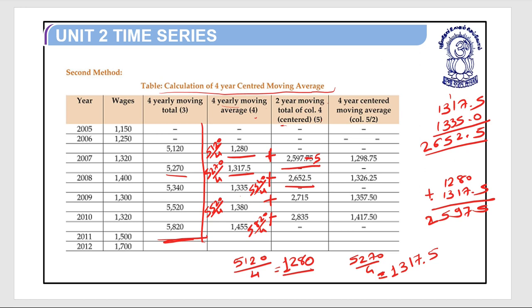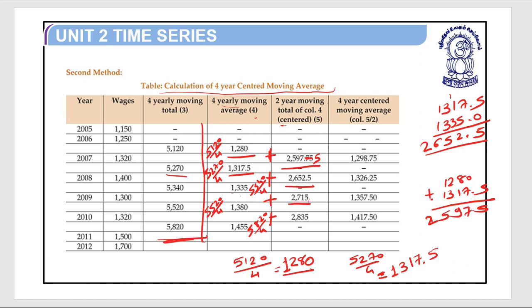Same way for 1335 plus 1380, we get 2715. 1380 plus 1455, we get 2835.